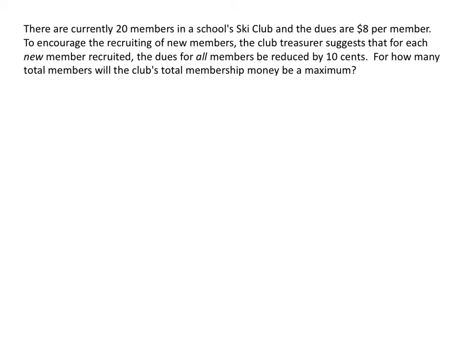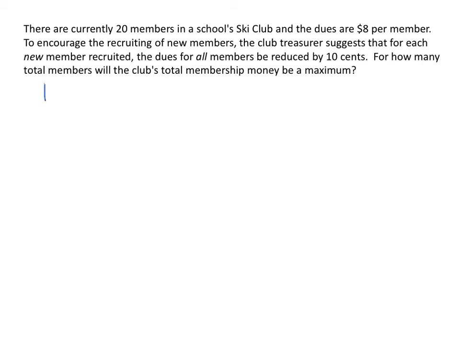Last problem, we've got 20 members in a ski club and we have $8 per member dues. In order to encourage recruiting new members, we decide that for every new member we get, the dues for everybody gets reduced by 10 cents. So how many total members will our membership money be a maximum? So the first thing I want you to think about when you're approaching this problem is, how do you figure out the money?